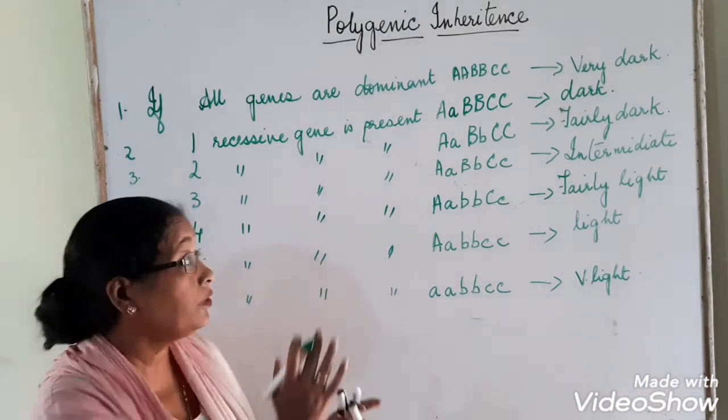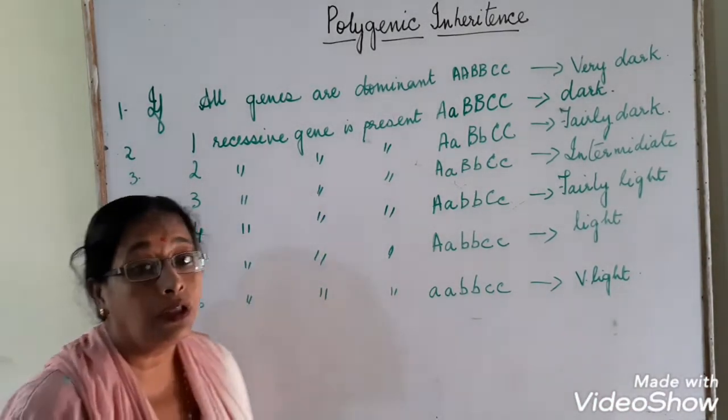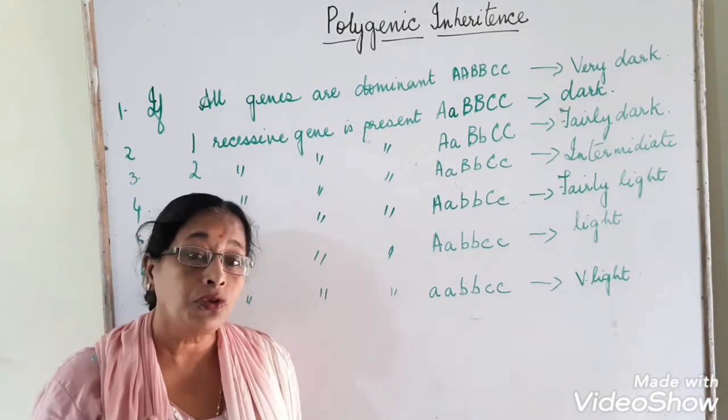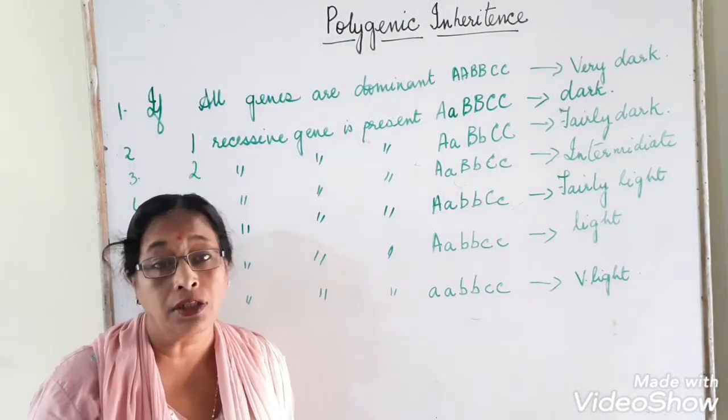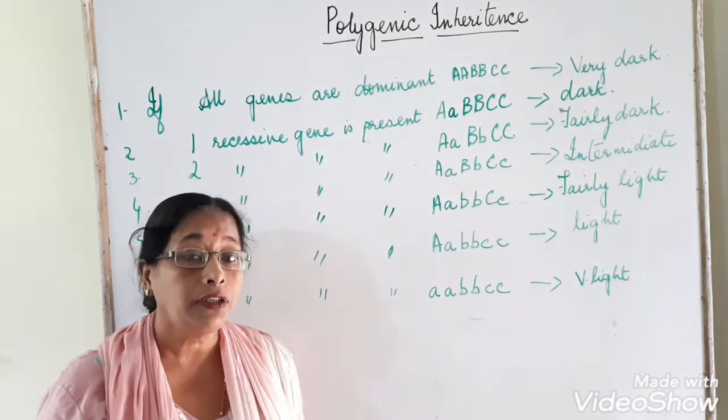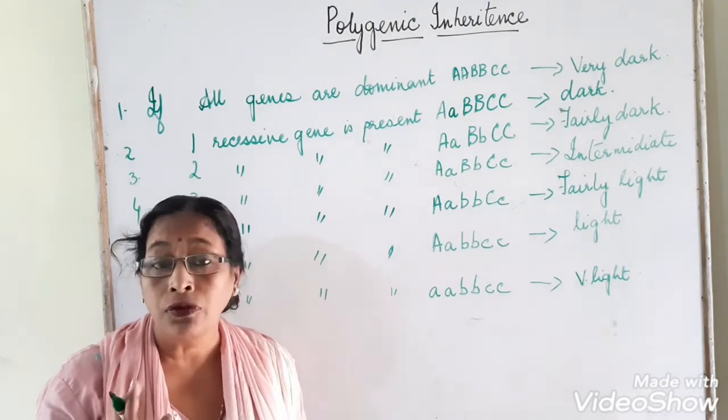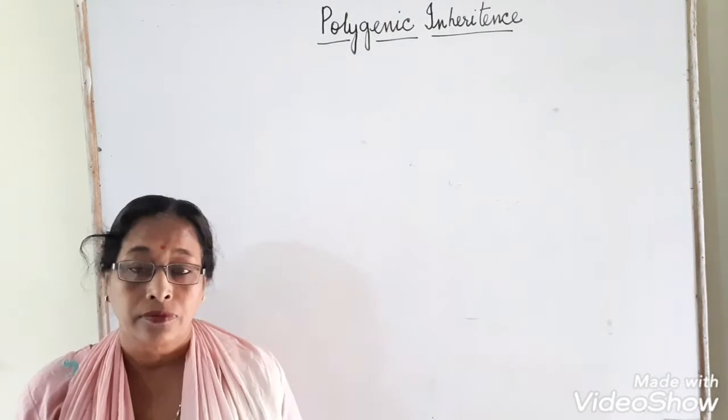So here we have seen, this is a chart which we must remember. This shows that the intensity of the character is dependent on the number of dominant alleles.